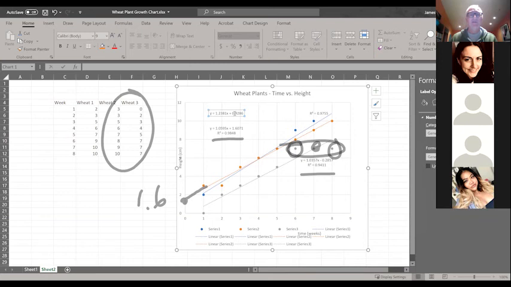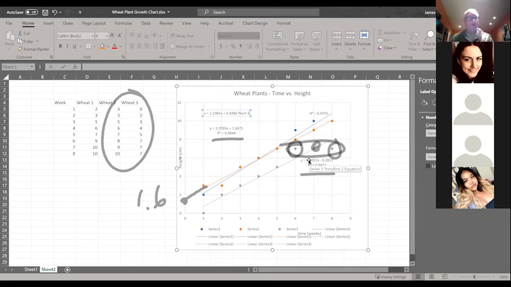I think you can even type in there. So that would be plant 1. So you can just put it like that. So just basically show us what the relationships are and how good the correlation is.